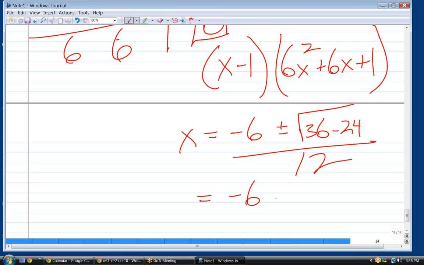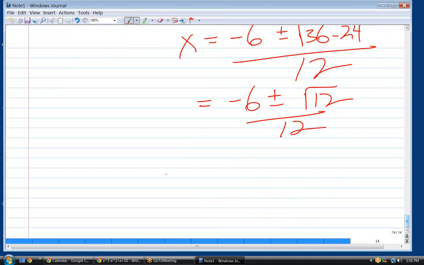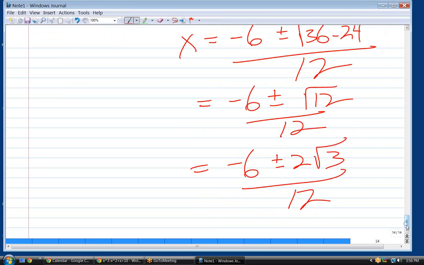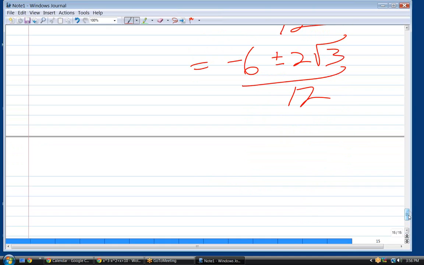Well, that's minus 6 plus or minus root 12 over 12. That's minus 6 plus or minus 2 root 3 over 12. That's minus 1/2 plus or minus 1/6 root 3.